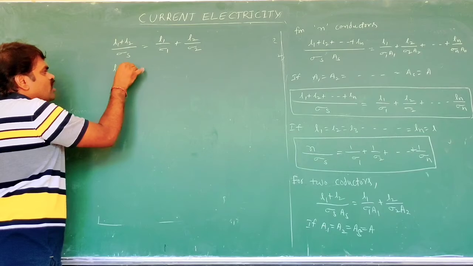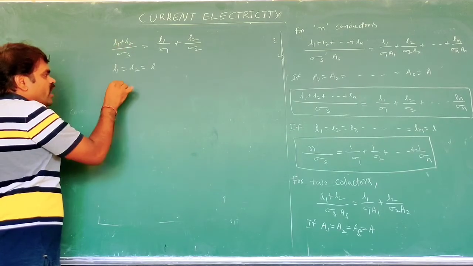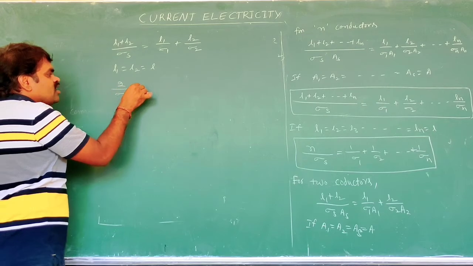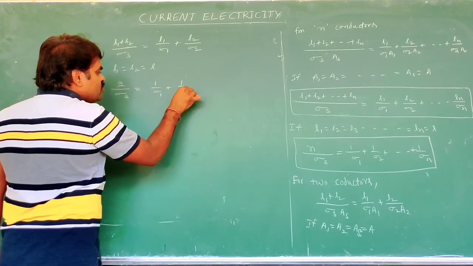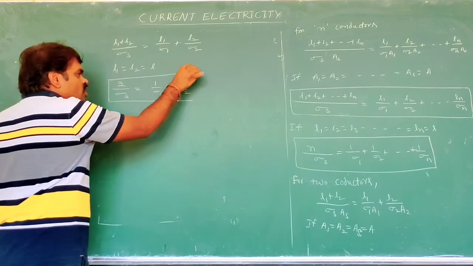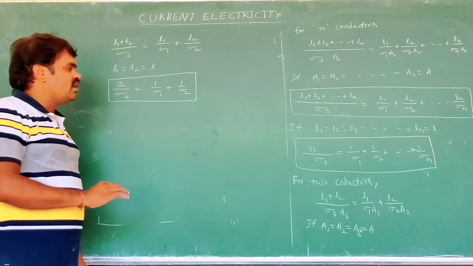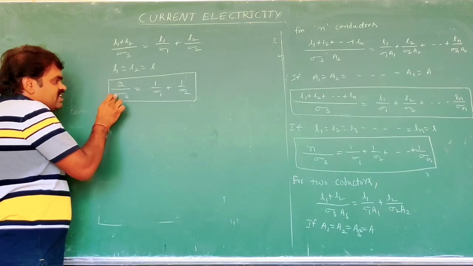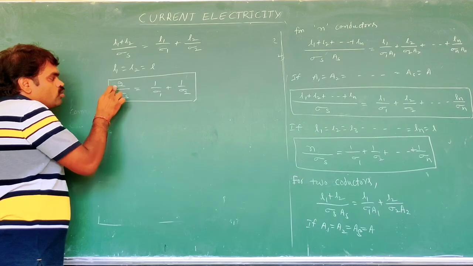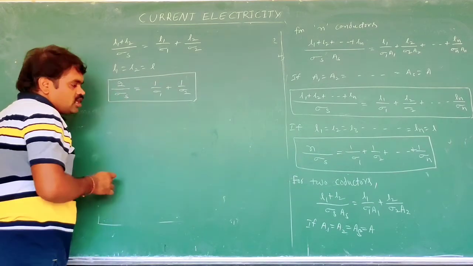If their lengths are equal, L1 is equal to L2 is equal to L, then 2 by sigma S is equal to 1 by sigma 1 plus 1 by sigma 2. This is the formula for two conductors of equal length and equal cross-sectional area connected in series.